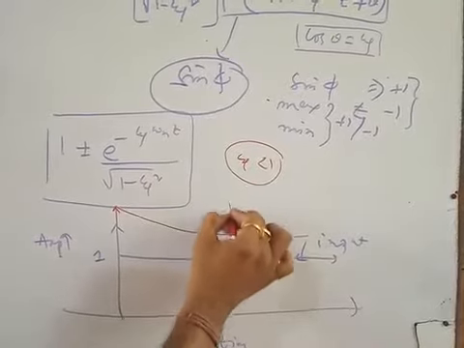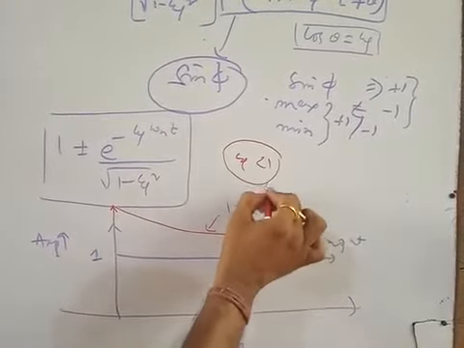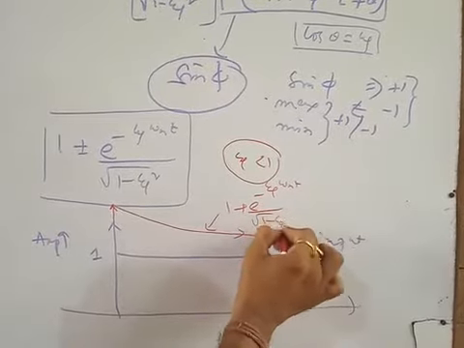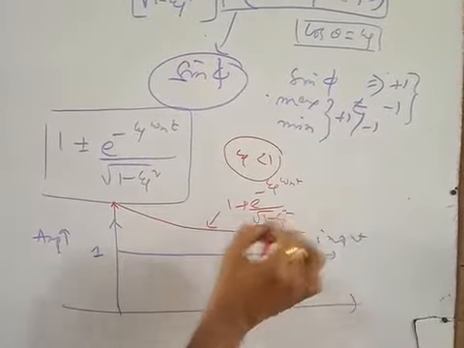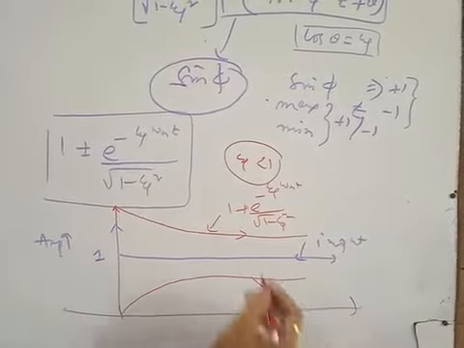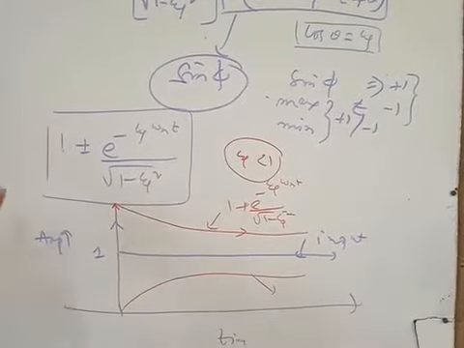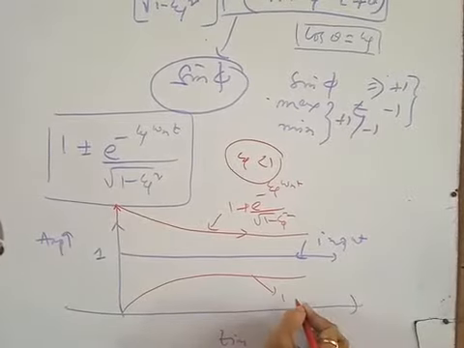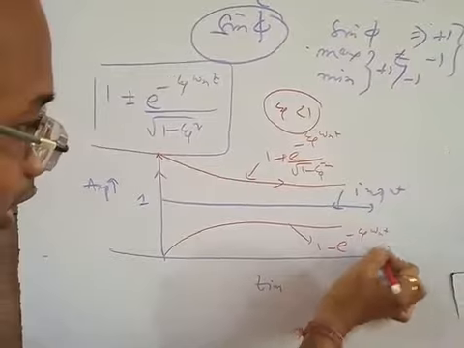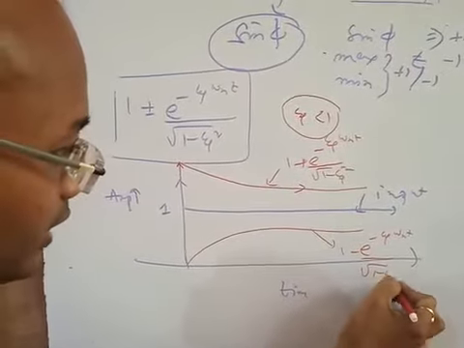This is the envelope for 1 plus e to the power minus xi omega n t by root over 1 minus xi square. Similarly, to get the envelope like this, which we have already discussed in the case of a first order system, this is 1 minus e to the power minus xi omega n t divided by root over 1 minus xi square.